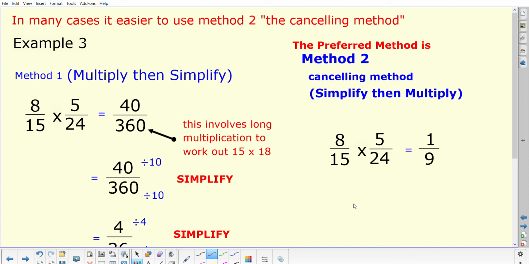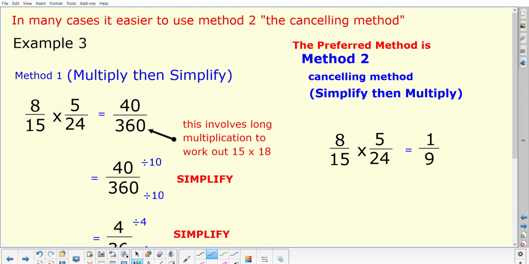So this example here, example 3, actually demonstrates why the cancelling method can definitely be more effective in certain situations. And this is one of them where you've got these big numbers. If you did the method of multiply and then simplify, you'd be doing 8 times 5, which is alright, that's 40, we all know how to do that.